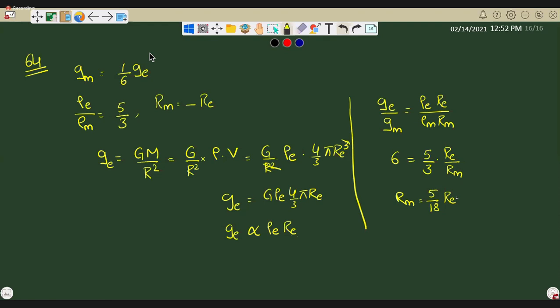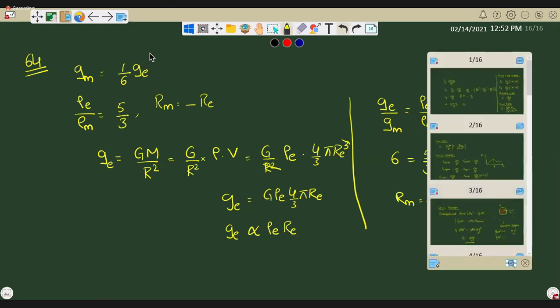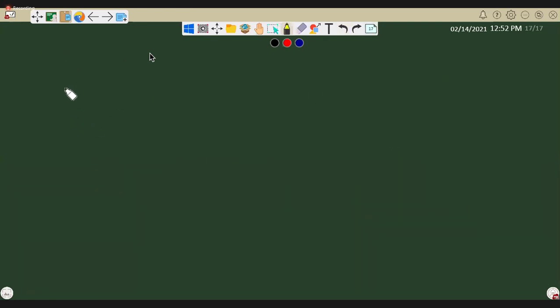Do this question. If the mass of the planet is 10% less than that of Earth, and radius 20% greater than that of Earth, the acceleration due to gravity of that planet is... Shall I repeat the question?